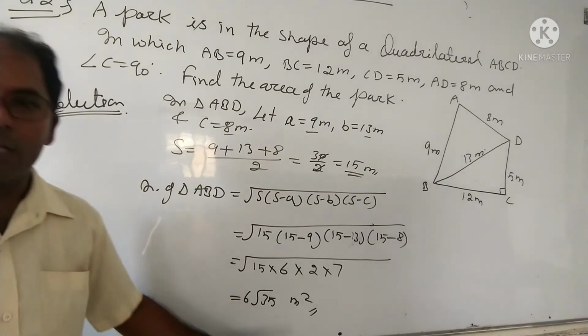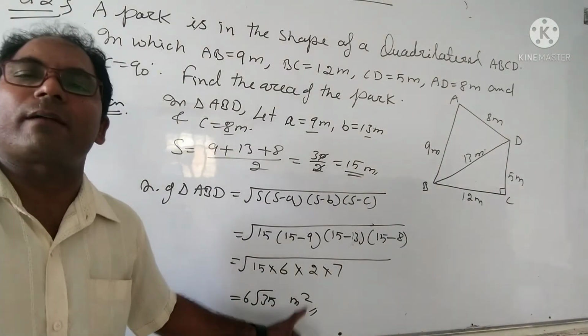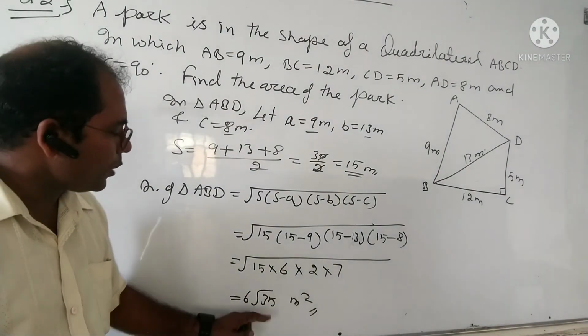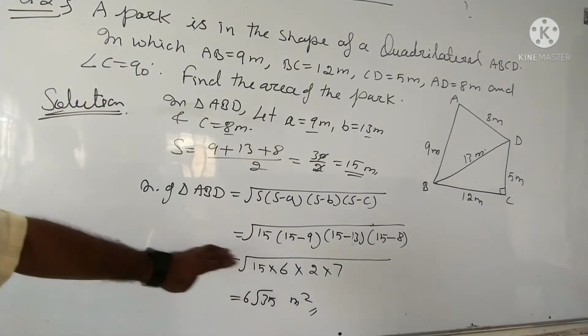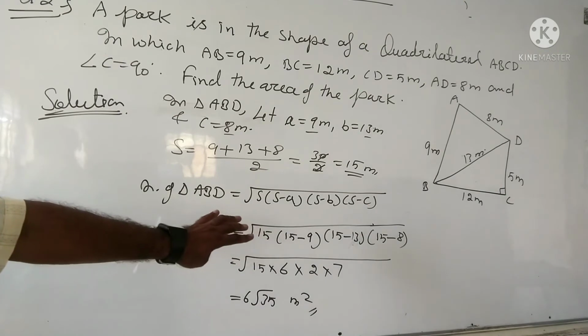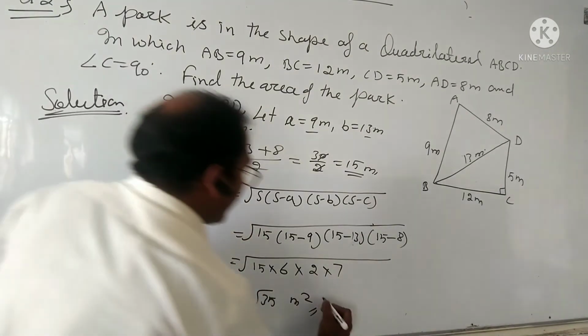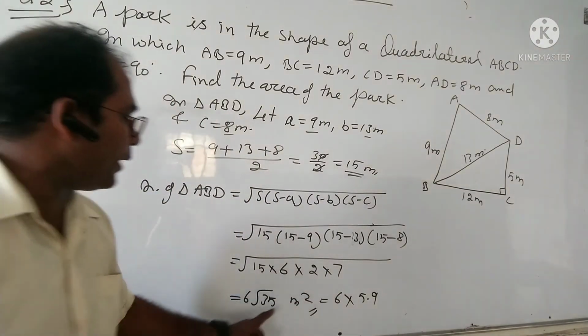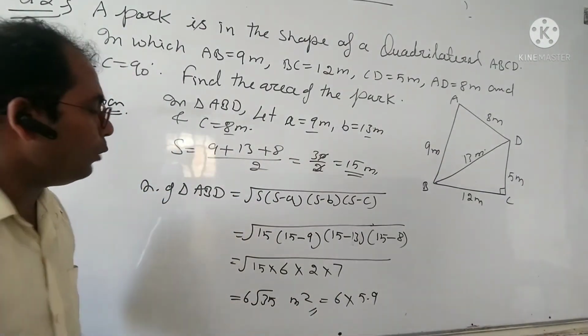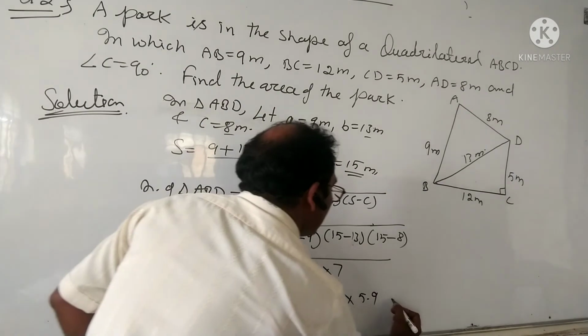When we find the square root, you can also write it by using the prime factorization method. So 6 root 35 meter square. Now the value of root 35 you can write here, something around 5.9. Then what will the answer be?